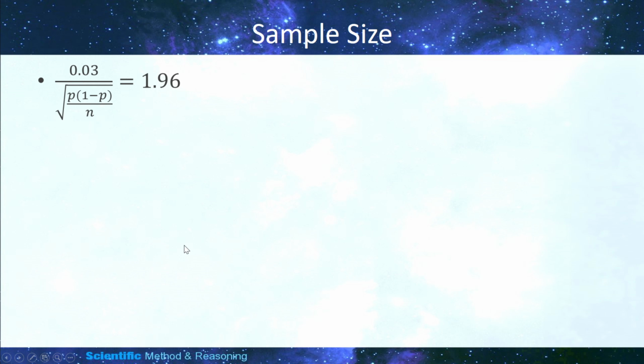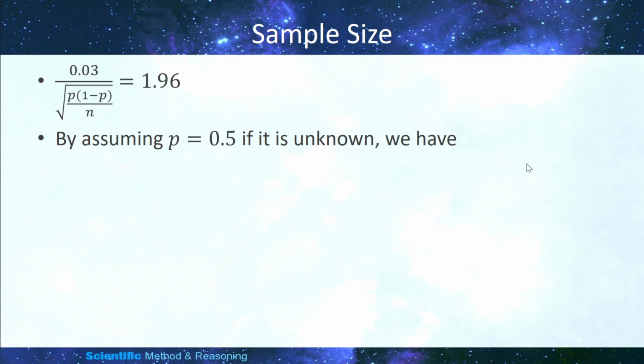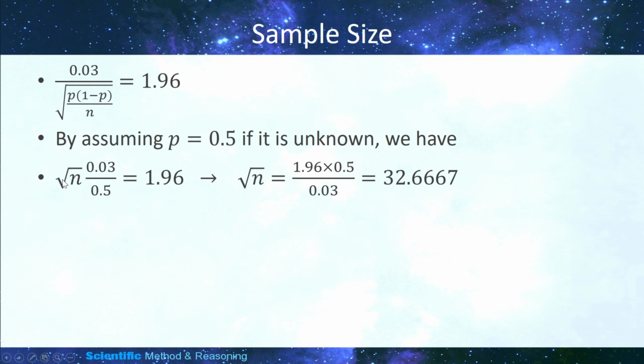Okay, and from the previous slide, we have 0.03 divided by the square root of p times 1 minus p divided by n equals 1.96. Now, if p is assumed known, then we can calculate n. But when p cannot be assumed known, as we mentioned, we simply let p equal 1/2 to find the most conservative value of n. Assuming p equals 0.5, we have root n times 0.03 divided by the square root of 0.5 times 0.5 equals 1.96.